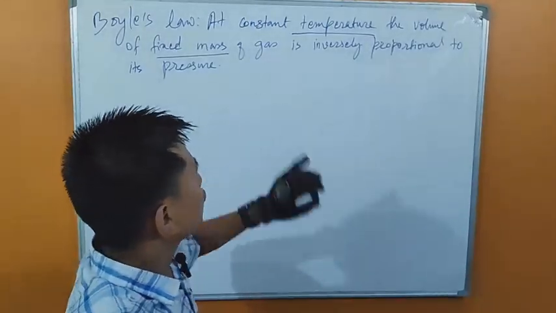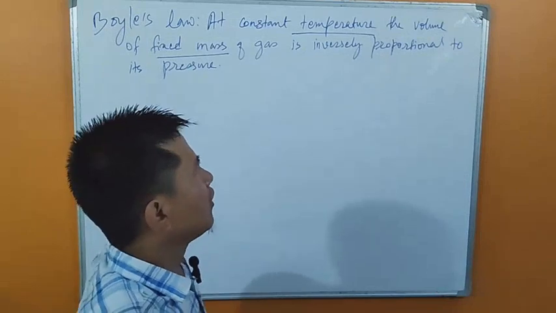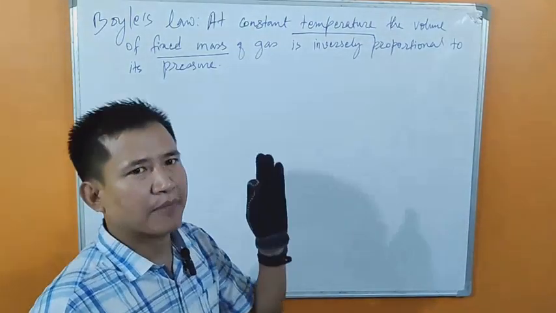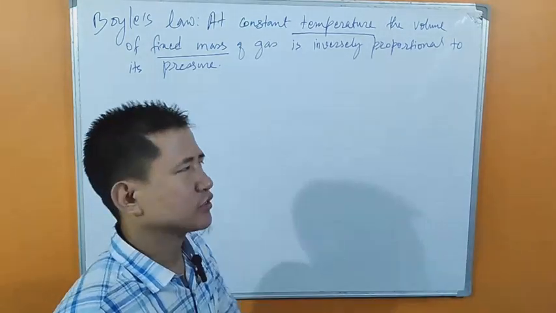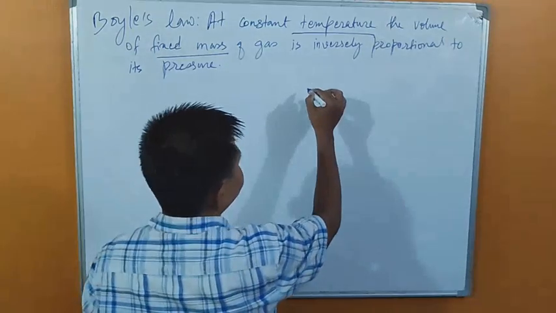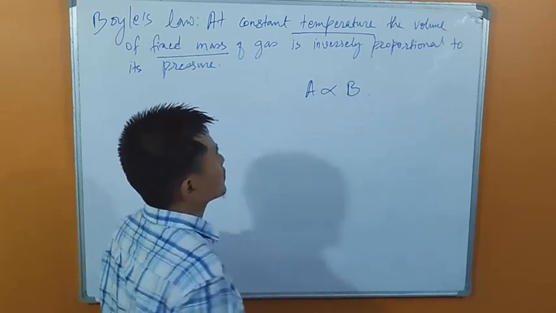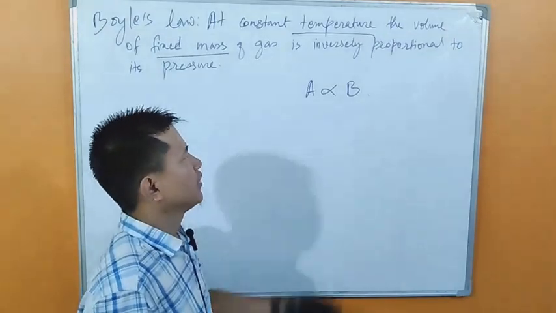Before going in depth into Boyle's law, let me tell you a basic rule of mathematics from the chapter called variation. If I write this, what does this mean and how do you read this?